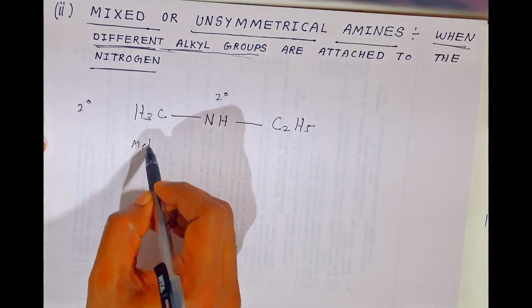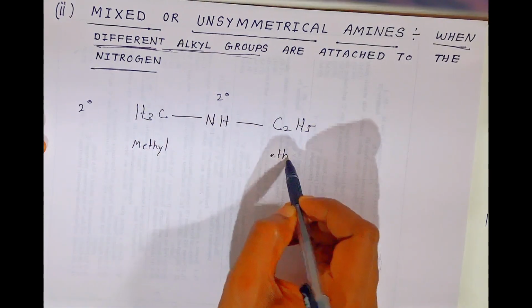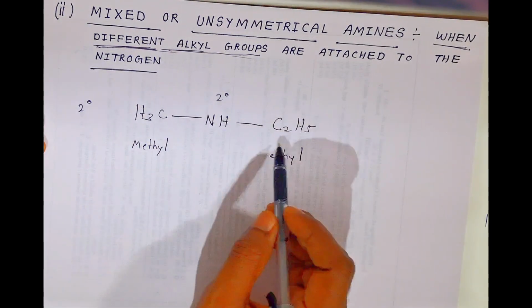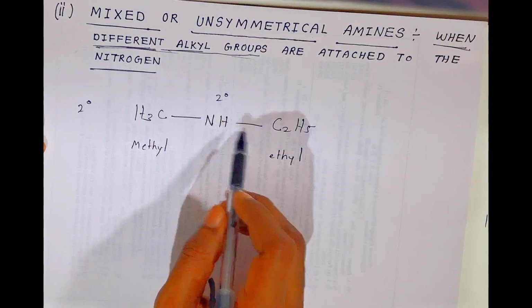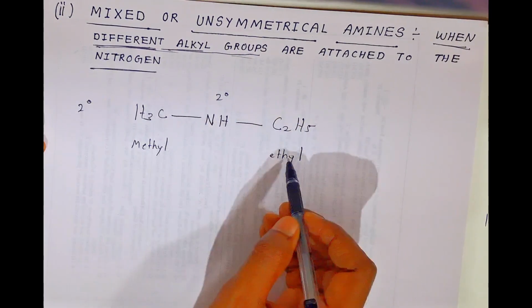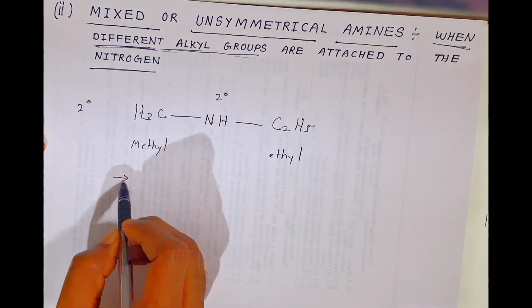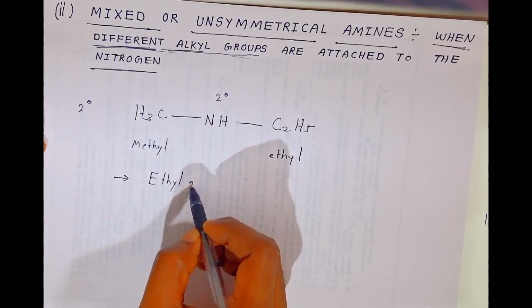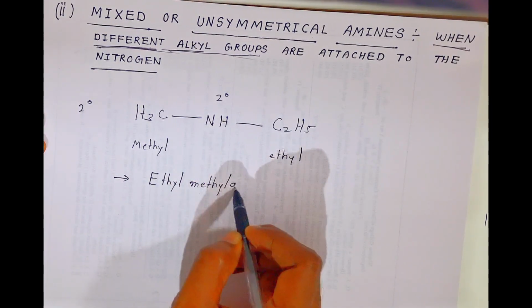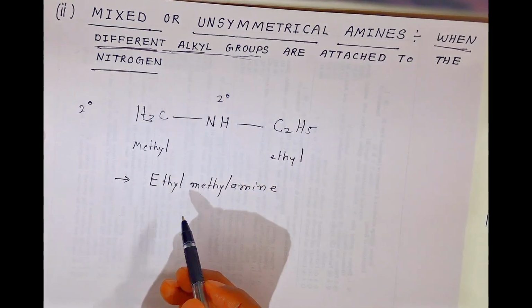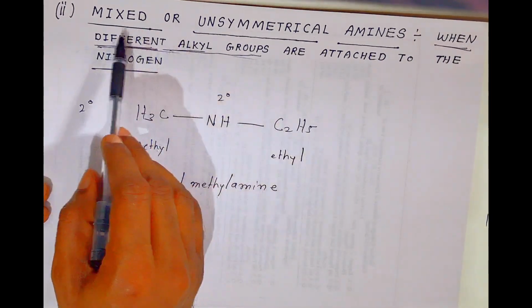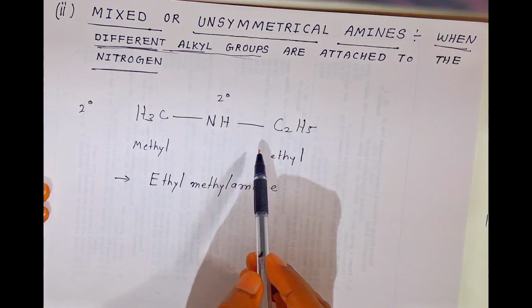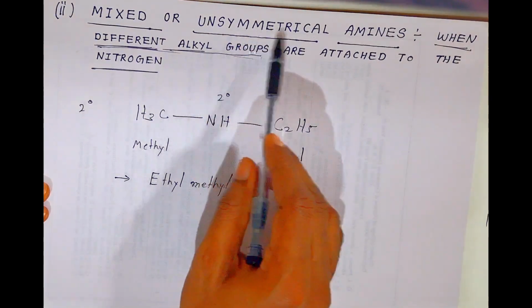This is methyl and this is ethyl. So these are different alkyl groups attached to the second degree nitrogen. The name of the compound is ethyl methyl amine, since E comes first. So this is the example which comes in mixed amines. This is mixed amines, students. Second degree mixed amines, you can say unsymmetrical amines, second degree.